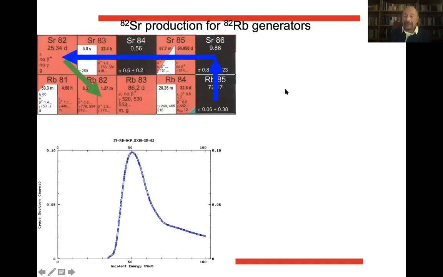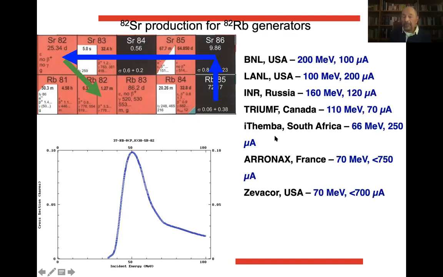And to do that, you have to use this reaction, which produces the strontium from the rubidium using protons. And the cross-section has a very short peak at 50 MeV. So this means that you need relatively high energy protons.